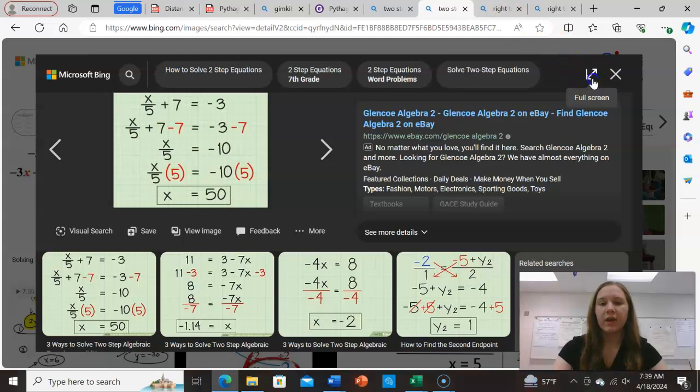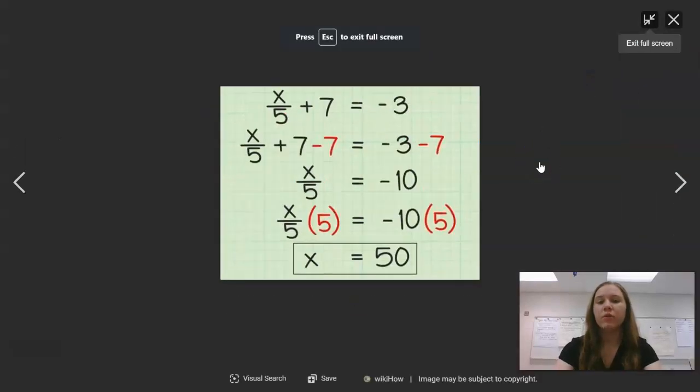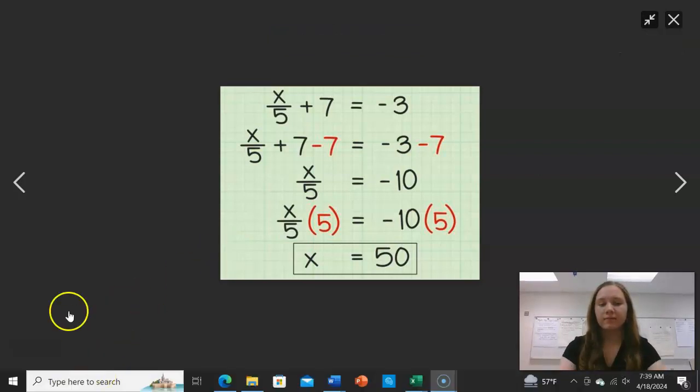Also, if we take a look at two-step equations that you learned previously in your algebra classes, we have an equation here. In this two-step equation, you have the fraction x over 5 plus 7 equals negative 3.